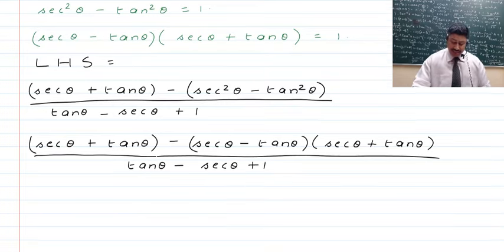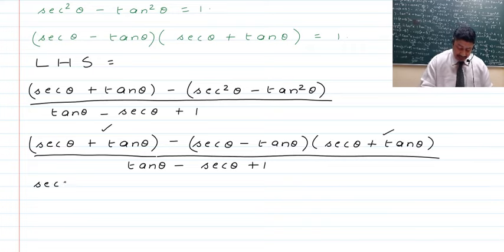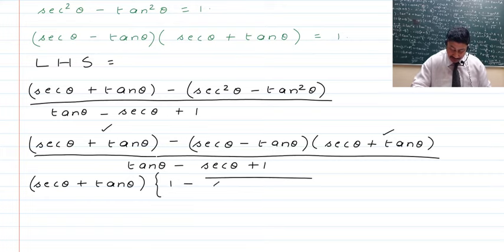So as you see in the numerator, we can take tan theta plus sec theta, right, common outside. So if we take this sec theta plus tan theta common outside, then inside children you will now be left with 1 minus times sec theta minus tan theta, right?